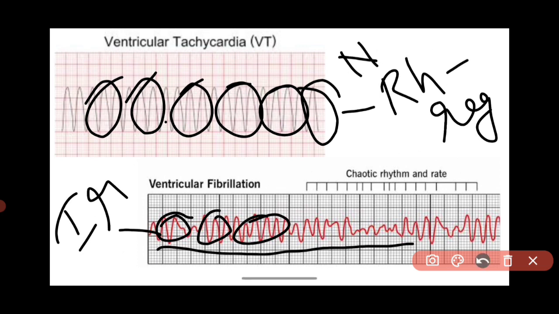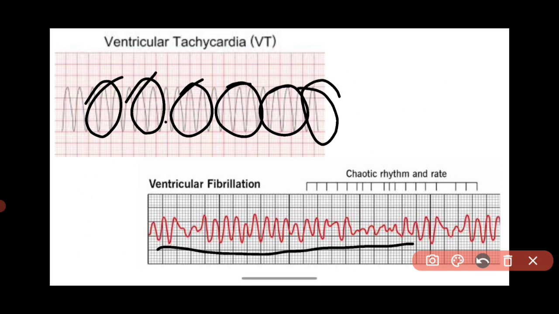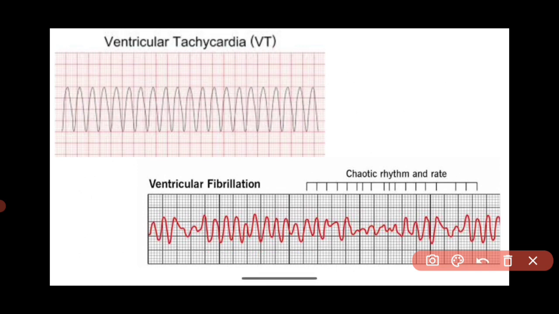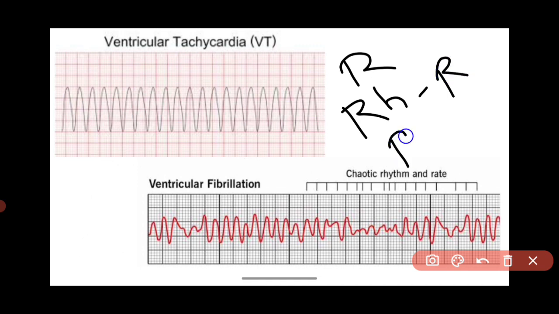Once again, I will repeat: the first point, the rate is 100 to 250 beats per minute. Second is rhythm: rhythm is regular. And there is no P wave at all.